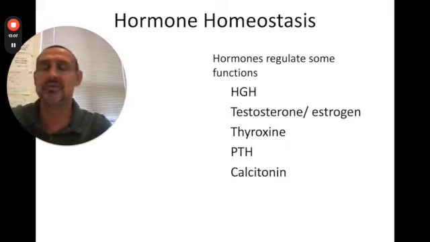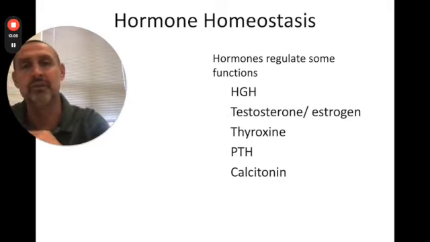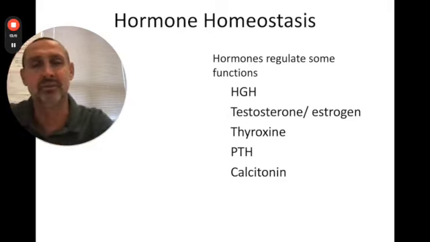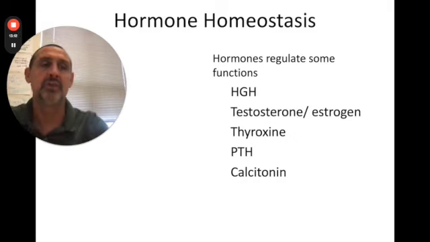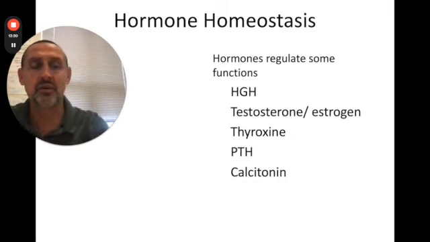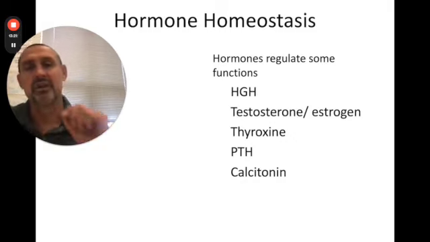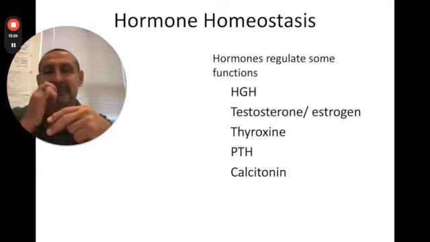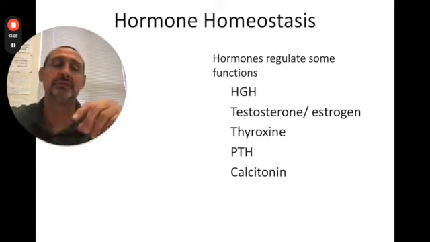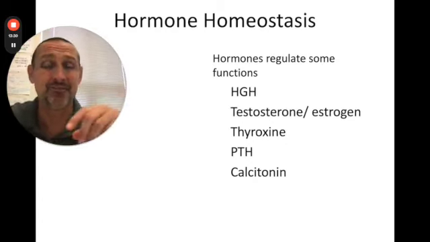Here are some of the hormones that are important to maintain bone. Human growth hormone increases the size of bone. Testosterone, estrogen, those are the sex hormones. But thyroxine is a hormone that helps to stimulate bone growth. So human growth hormone works together with thyroxine so that together they help stimulate bone growth best.